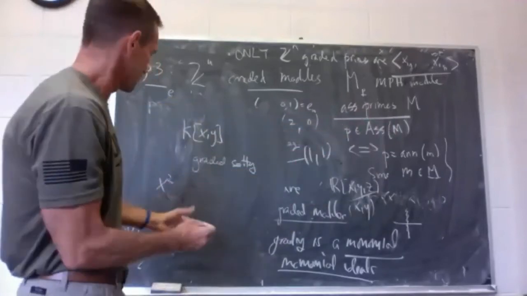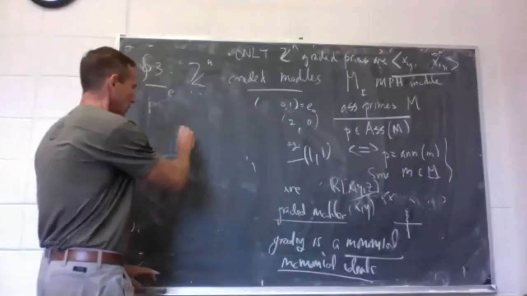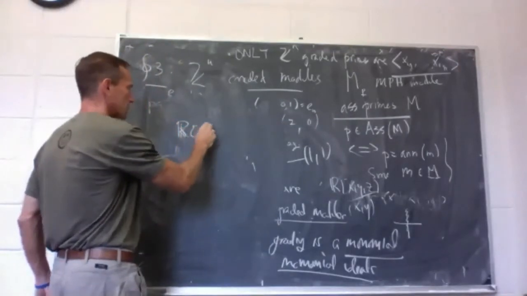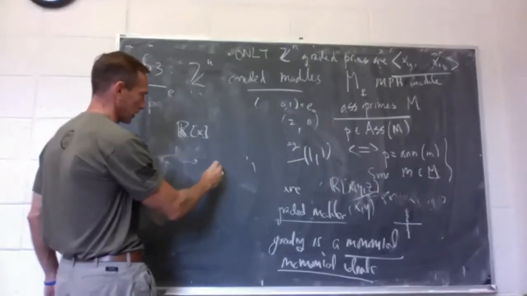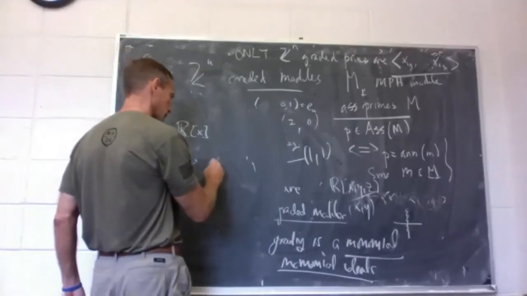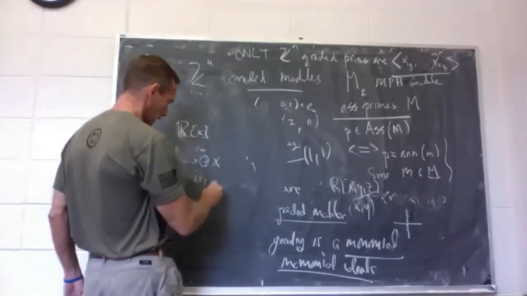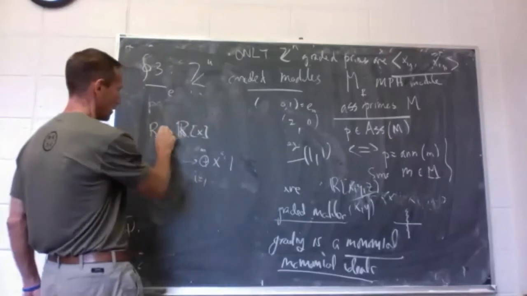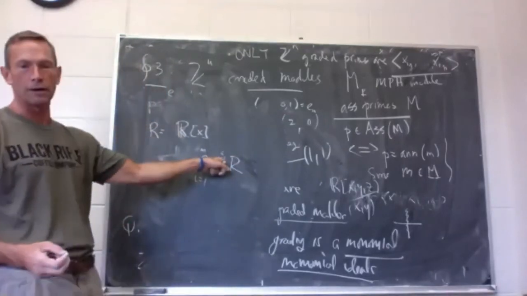In the one-parameter setting, k of x, the free summands are going to look like a direct sum, i equals 1 to m, of x to the a_i times k. These are my free summands, generated in a specific degree, and they live forever.